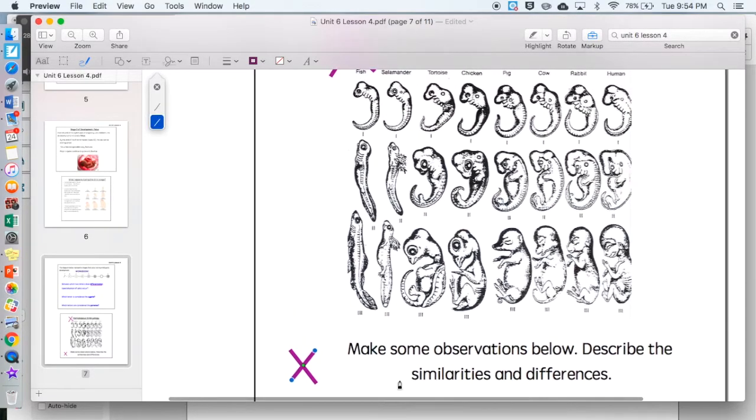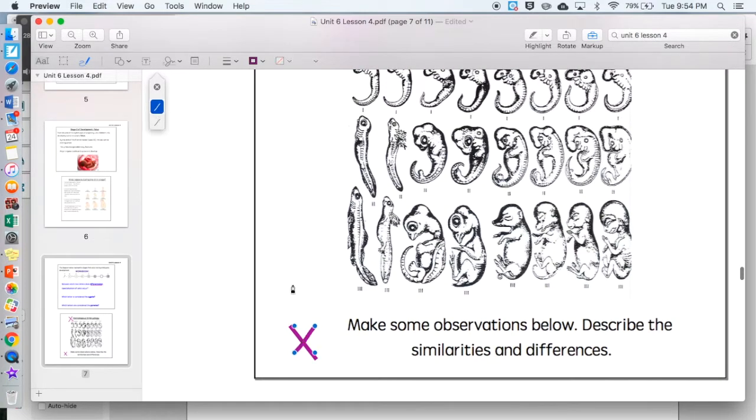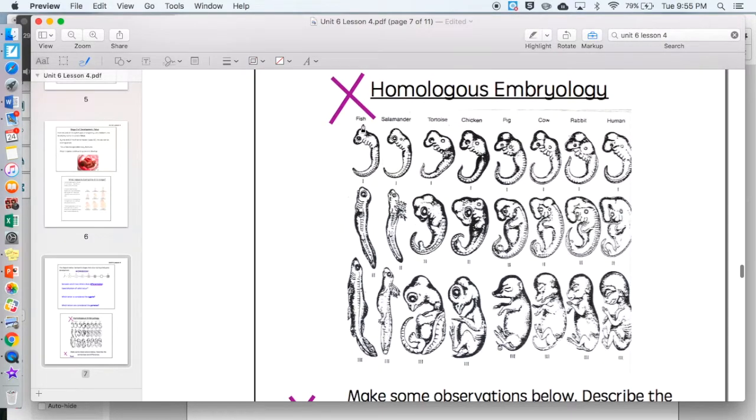So make some observations below. Describe the similarities and differences. You're going to do that in your workbook as well. Just what do you notice? So this is showing you phase 1. Let's see if it'll let me draw. This is phase 2, and this is phase 3. So a fish, phase 1, phase 2, phase 3.